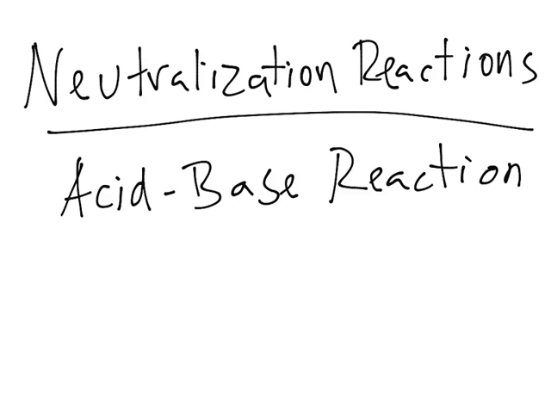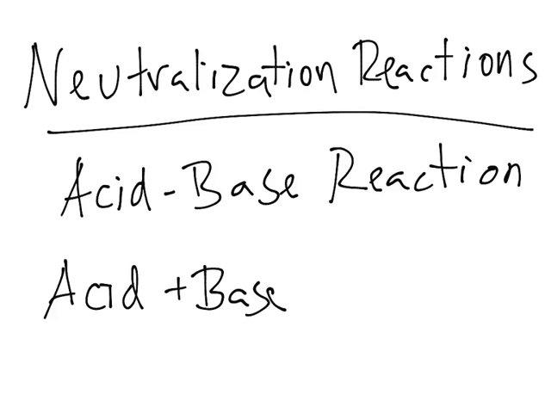So when the acid and the base are the reactants, a neutralization reaction will occur. And so let's give a skeleton to how this reaction occurs. So we will have an acid here, or a base. The order doesn't really matter, and it will react with the base or the acid again.